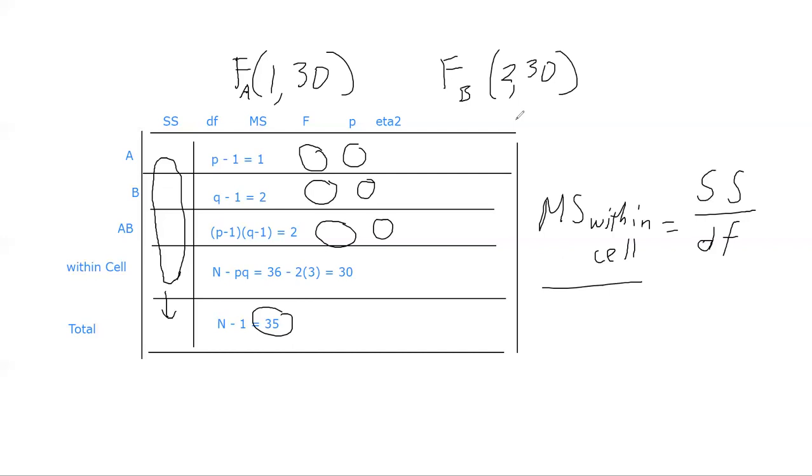One warning I will give you is when you're dealing with SPSS, it has all this stuff, but it has some other things in here as well. One thing that SPSS does is it starts off with 2 rows that you should totally ignore. It's called corrected model. You don't want that.